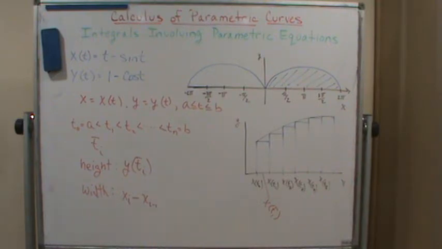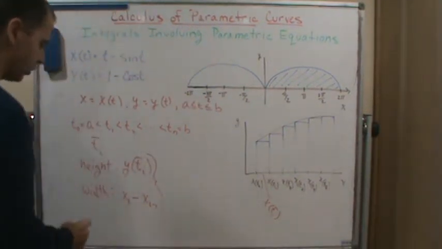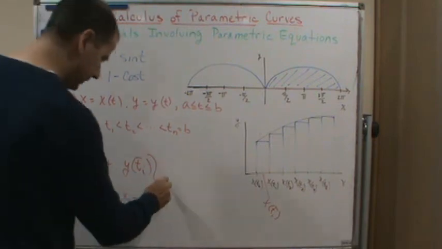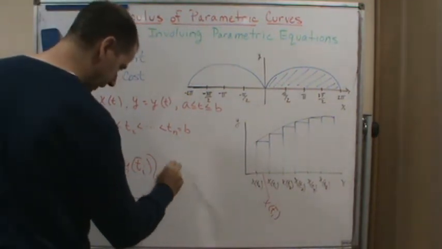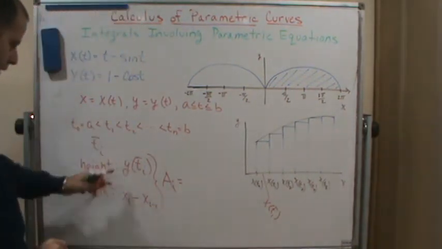Now let's put this together. The area for my ith rectangle, call it a sub i, is going to be equal to the product of these two.